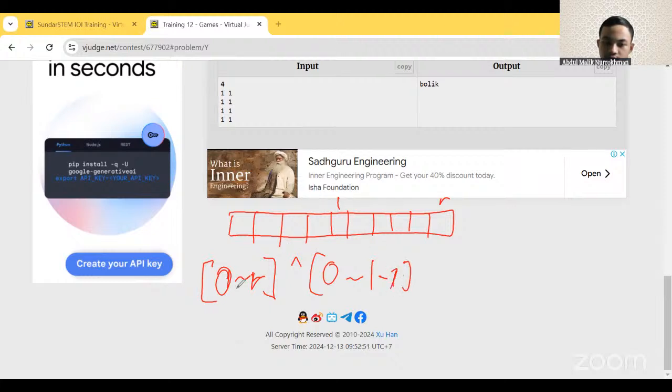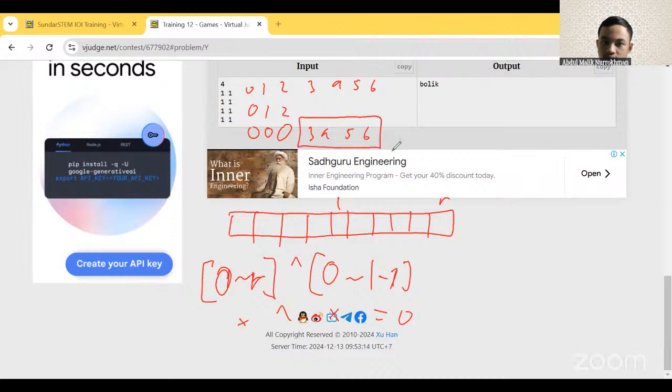And we know XOR of the same value is equal to 0. That's why if we XOR this with this, then 0 XOR 0 becomes 0, 1 XOR 1 becomes 0, and so on. So we will know the result.